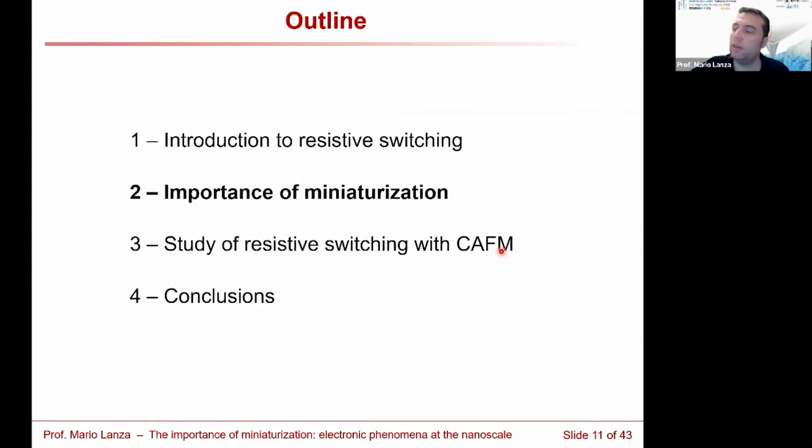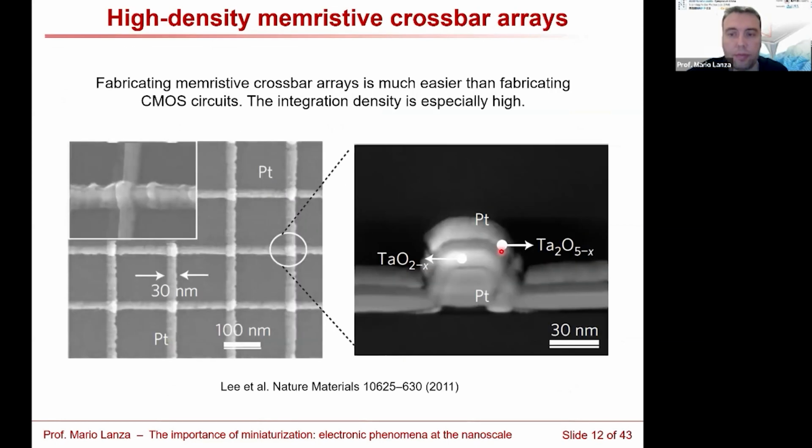Okay, so now I'm going to talk about the importance of this miniaturization. Here I show you one top view SEM picture and one cross-sectional TEM picture of one resistive switching device. As you can see, this resistive switching device can be fabricated very, very small.